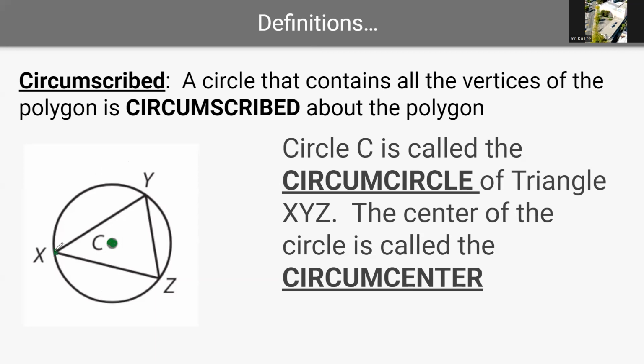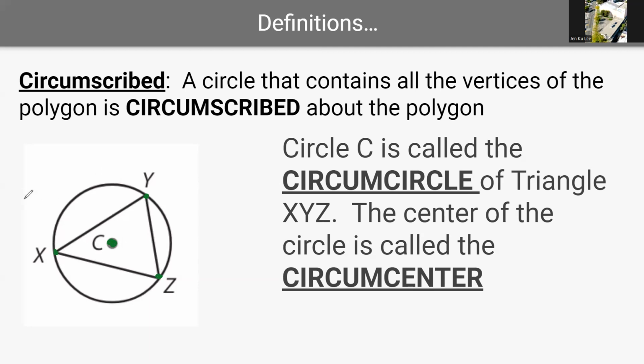So circle C is circumscribed about the polygon when all the points of the polygon, or in this case, the triangle, is on the circle. That's what circumscribed means, okay?